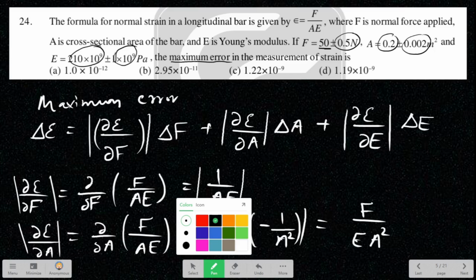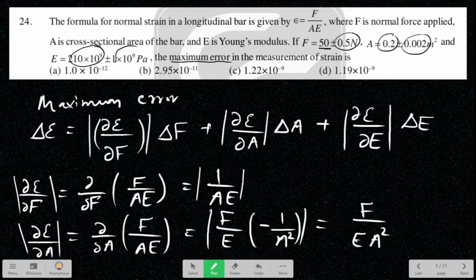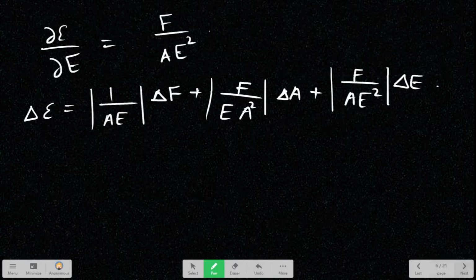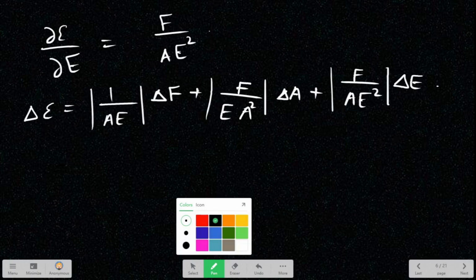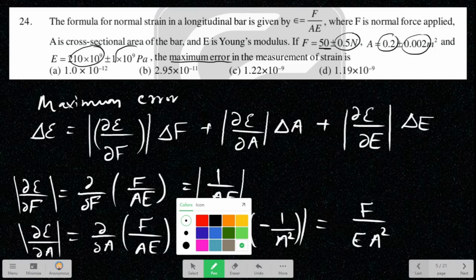So if you substitute these values, delta epsilon will be approximately equal to 2.95 into 10 raised to minus 11. So the correct option here is option B.